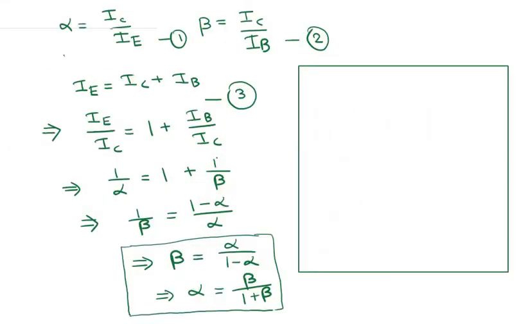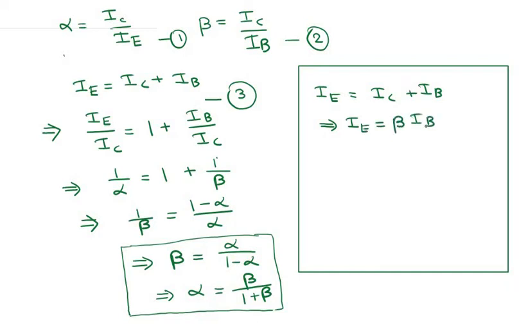So we know that IE is equal to IC plus IB, and IC is beta times IB.